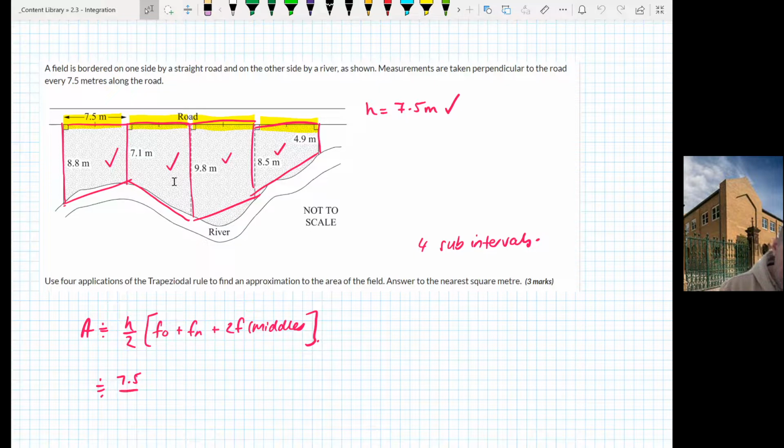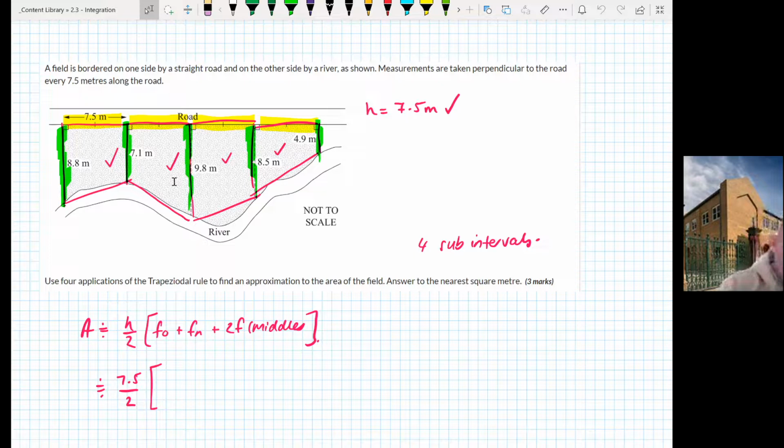So 7.5 over 2. Now, function of the first. Now, there's no need, because I don't need the actual equation of this function. They are actually telling me what the heights are or what the y values are. This is 8.8 and this is 7.1. This is 9.8. This is 8.5. This is 4.9.